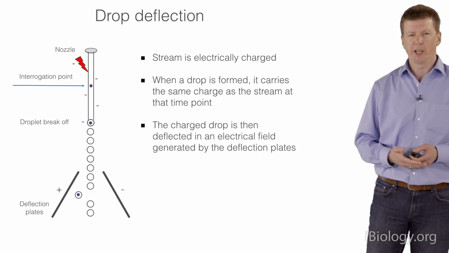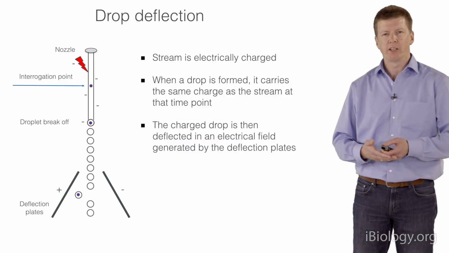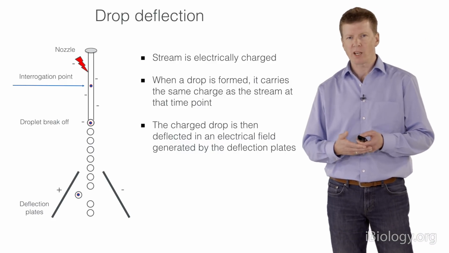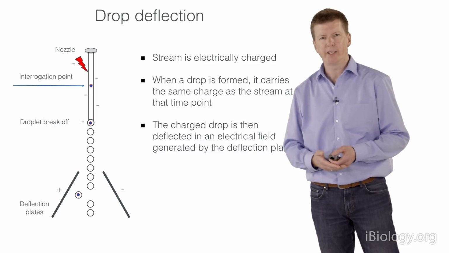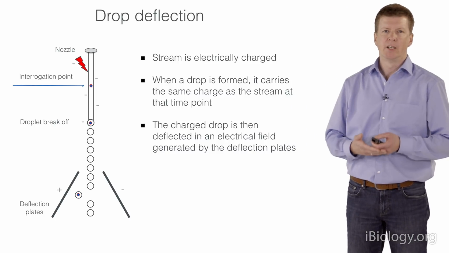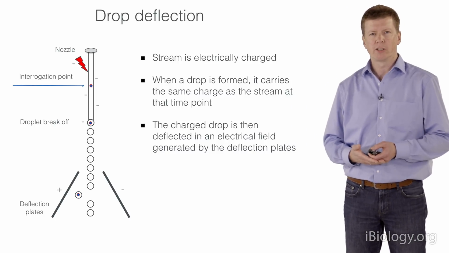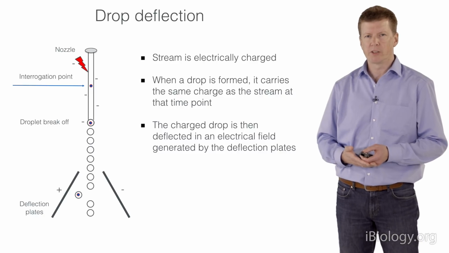So once we generated our drops, we can charge them, and later on we can deviate them in an electrical field. So we are using physiological salt solutions as a carrier stream, as sheath.